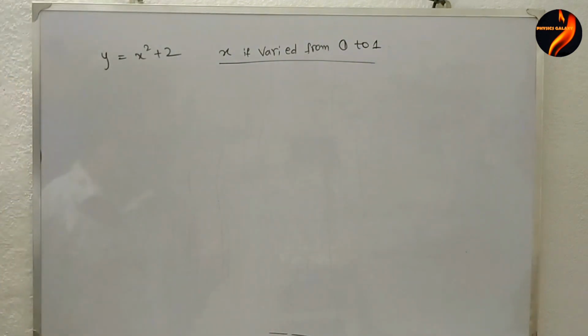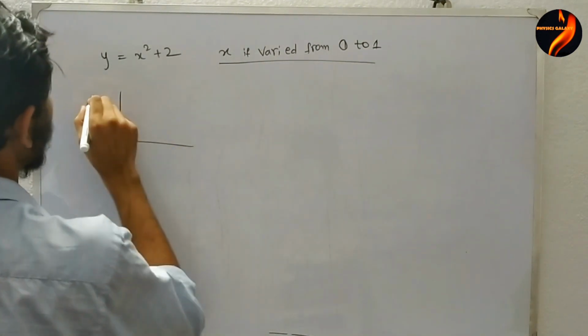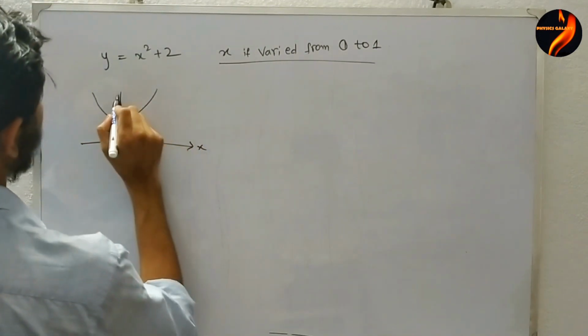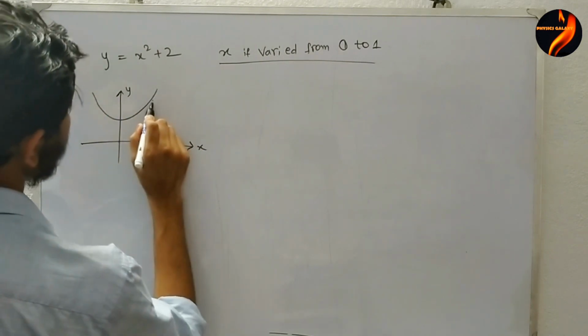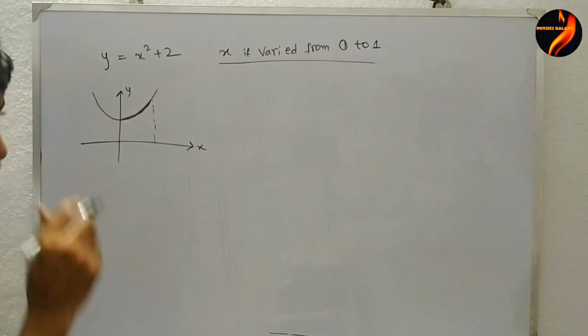So x is varied from 0 to 1, and here the curve looks like this. From x equal to 0 to 1, that means we have to find out the length of this curve.